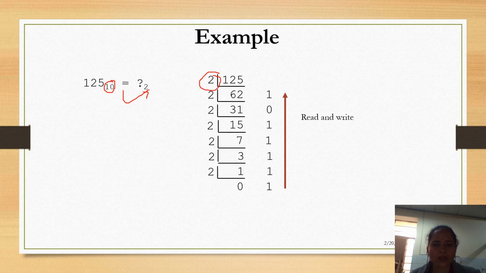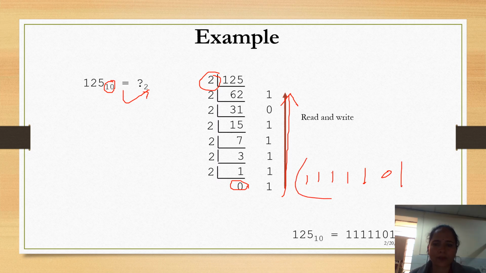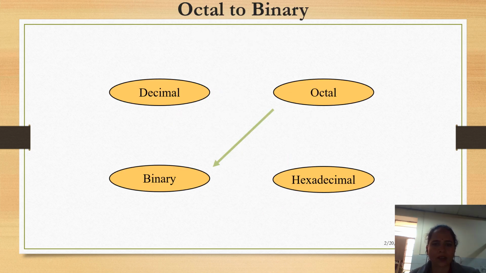Now how do we read these values? The last remainder is 0 and that is not divisible further. So now we start reading the values from bottom to top, and that is the answer. The answer is 1111101, and its base is 2. So this is the final answer.